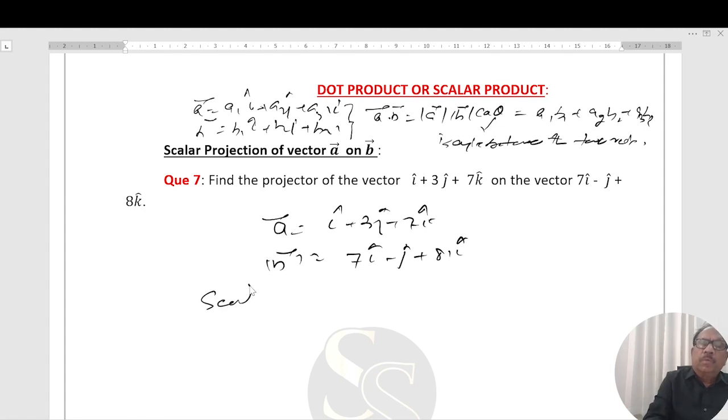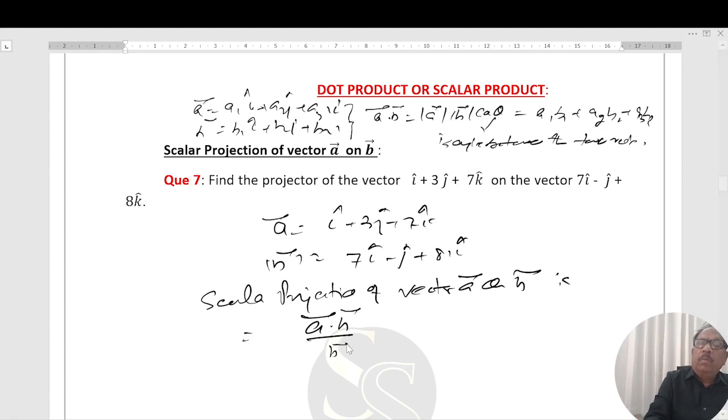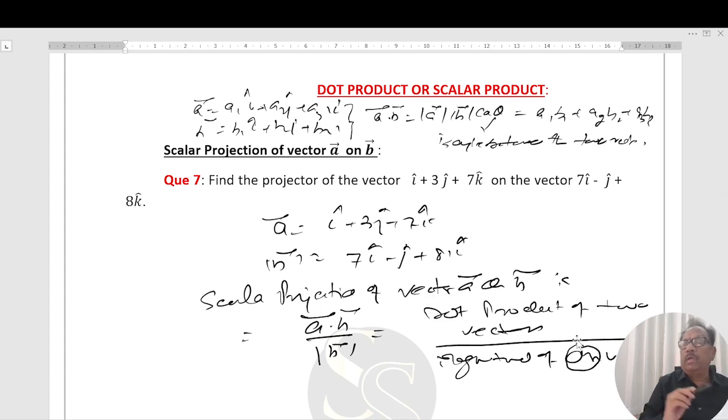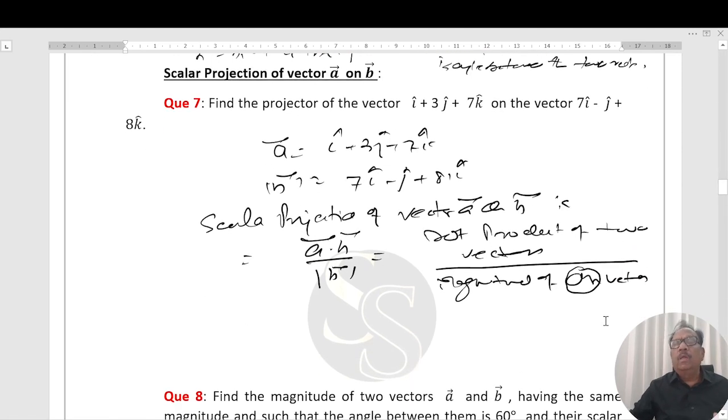The scalar projection, or simply projection, of vector a on b is a dot b divided by the magnitude of the b vector, or you can say the dot product of two vectors divided by the magnitude of the vector on which we project. This is the formula. Now very simple.